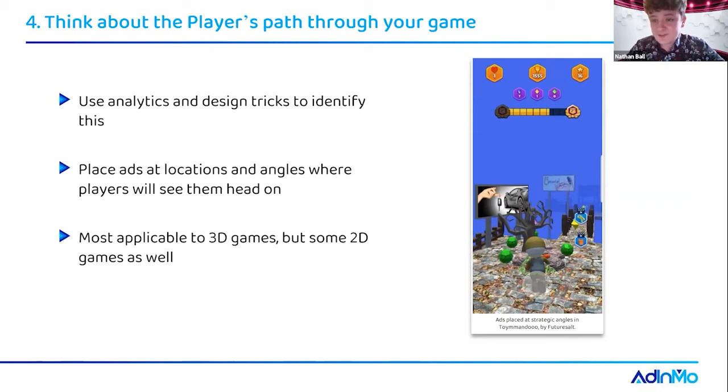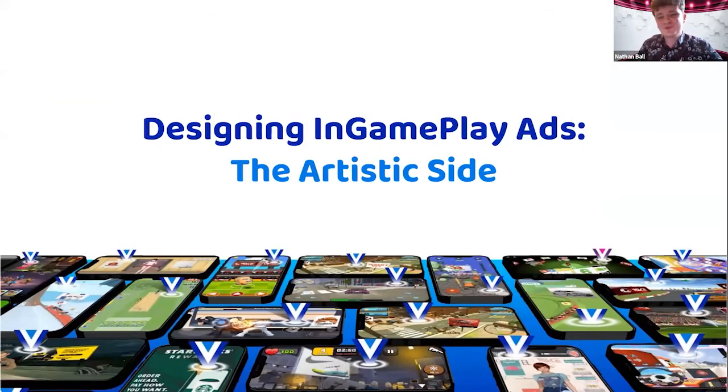Once you've identified these routes, it's great to place your ads on and around those routes, because those areas get more attention than others. And so the placements on them will get more attention as well, and you'll generate more impressions and thus revenue from that.